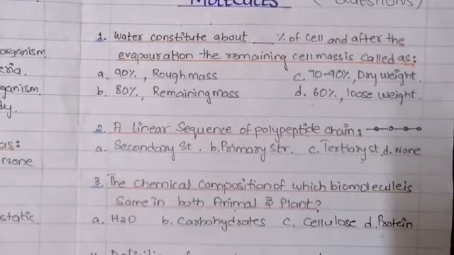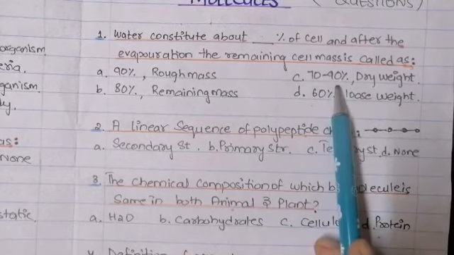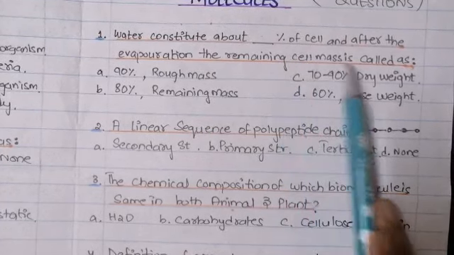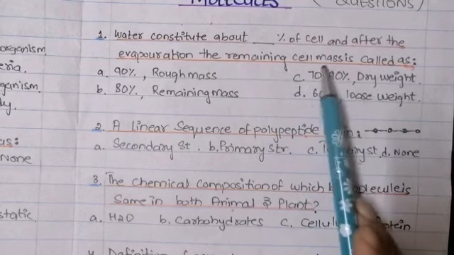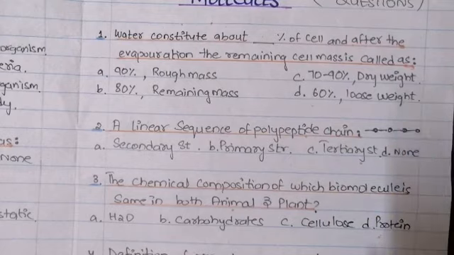The answer for this question is C, that is 70 to 90%. The water constitutes about 70 to 90% of the cell, and after the evaporation the mass is called the dry weight of the cell.